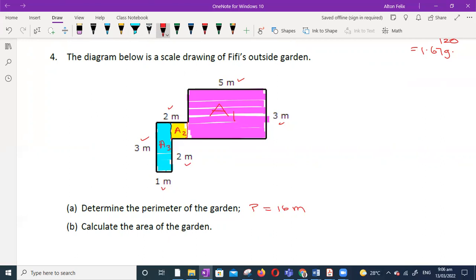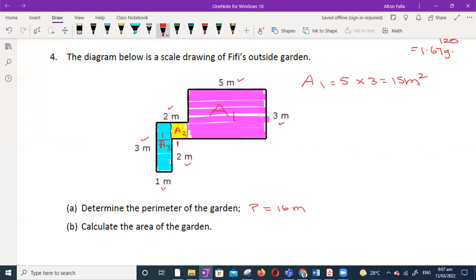We need to calculate our dimensions correctly. A1 would be 5, which is the length, multiplied by 3, which is 15 square meters. For area 2, we need to do a little subtraction. This width here is 1, and this total width here is 2, so this one must be 1.